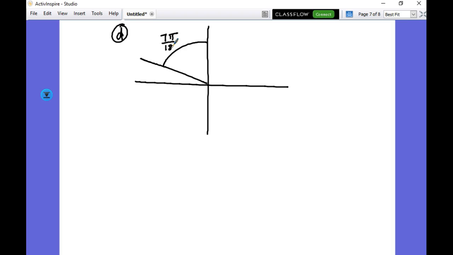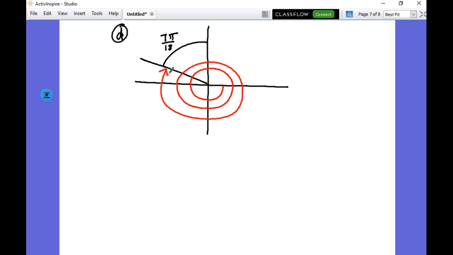But the measurement of the angle that I want to find goes like this. It goes 1, 2. Wait, I don't think that's right. That is not right. Sorry about that. We're going the other way, actually. We're going 1, 2, and then stopping there.